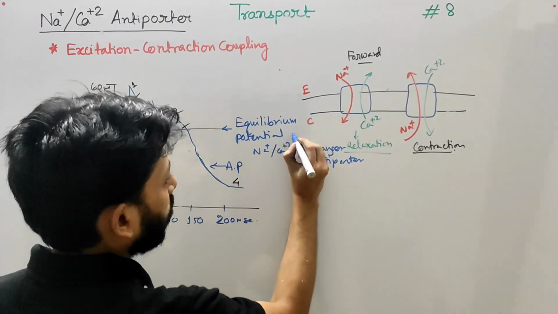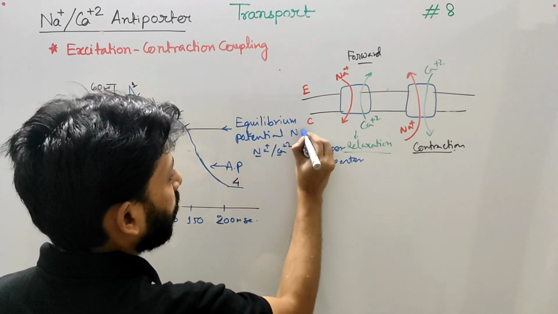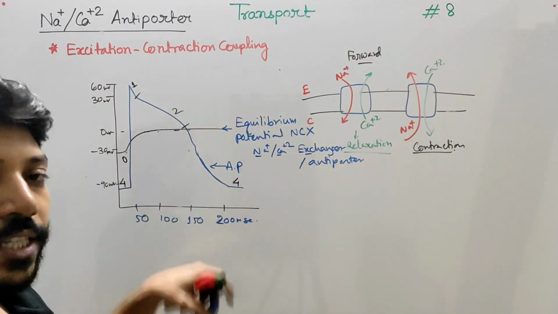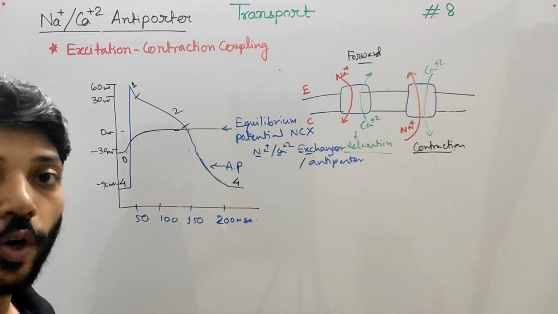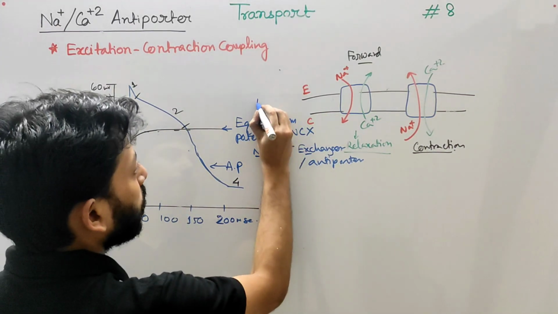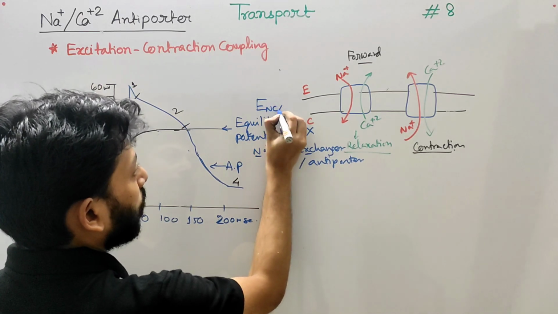In short, we call it NCX. This black line denotes the equilibrium potential of this antiporter or exchanger, NCX. In short, we call it ENCX.